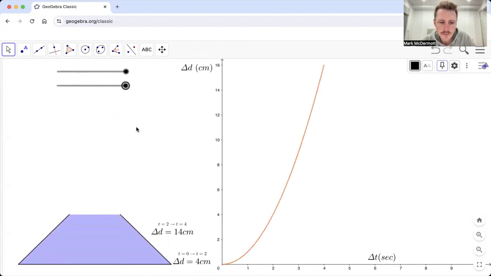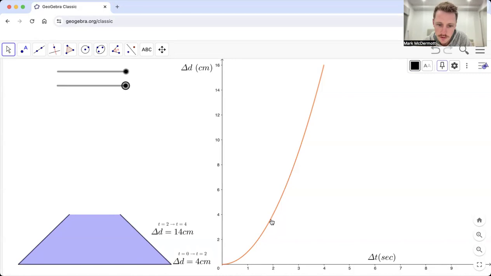All right. So you might have noticed at the start where the container is widest, the depth of the water is increasing less quickly than at the top of the container. And let's be a bit more mathematical about it. So if we look, as time goes from 0 to 2 seconds, we can see that the depth only increased by 4.